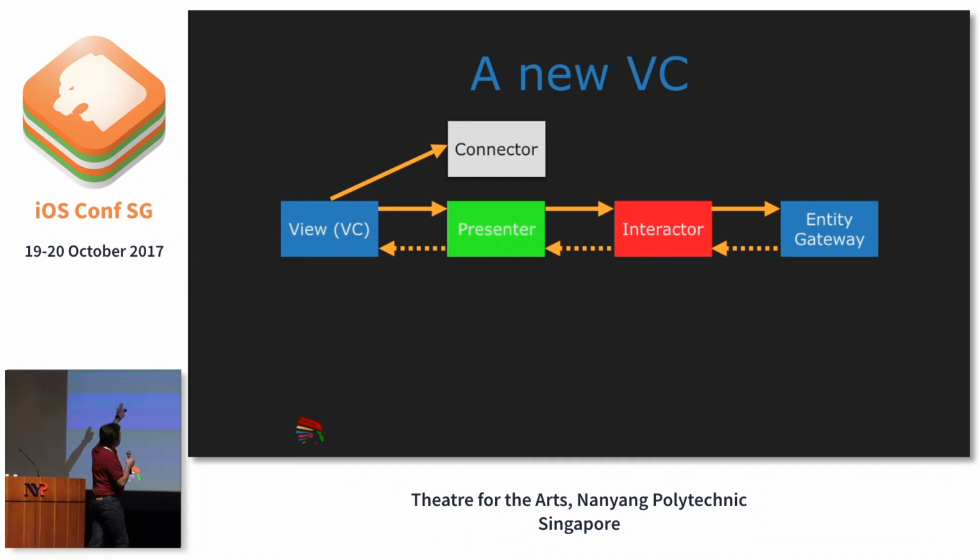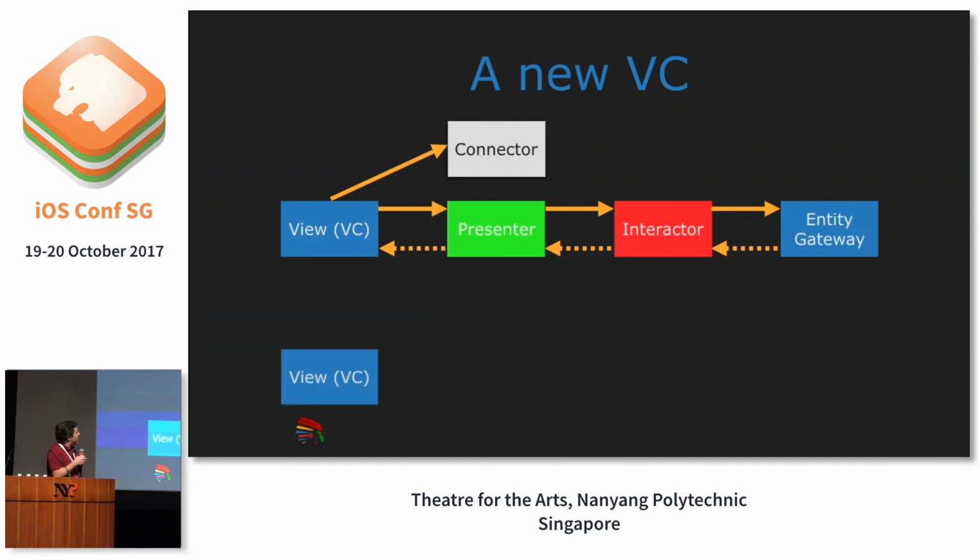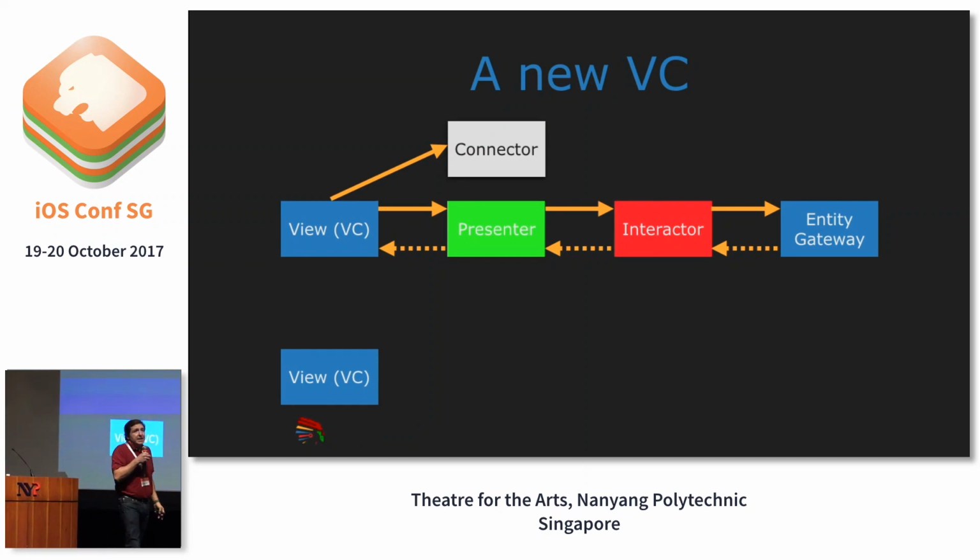So the user does that, and as a result, this event is transmitted to the presenter. Then the presenter, who, as I said before, will provide the semantics for this, tells the view, okay, this means that I want you to navigate to this other view. So the view will do the perform segue, and a new view controller will be created by the system. That is something that the system does for us.